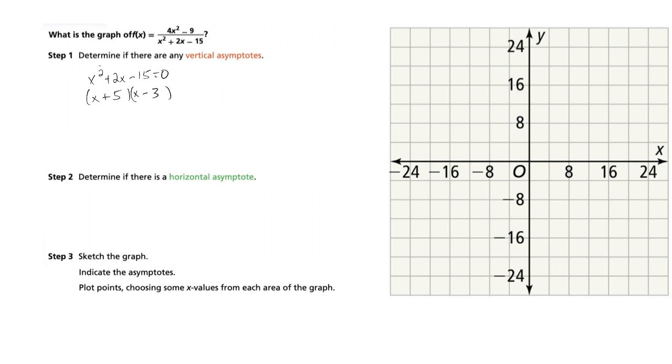So this would be x plus 5, x minus 3. So our vertical asymptotes are at x equals negative 5 and x equals 3. Okay, so find negative 5, about right here, these go by 4. And then 3.